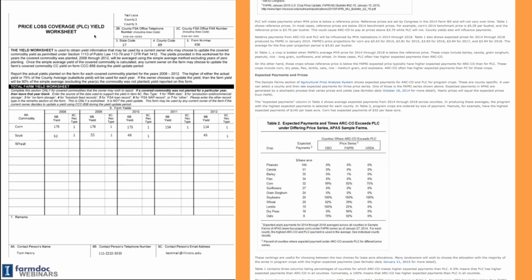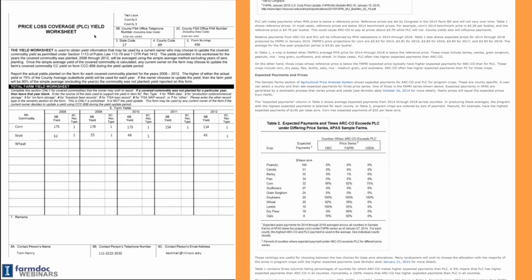We would still suggest, even if you're choosing Ark County, that you update those yields if they're higher. And again, if your updated yield is lower than your current yield, you can choose to accept the current yield, and you should pick the one with the highest.